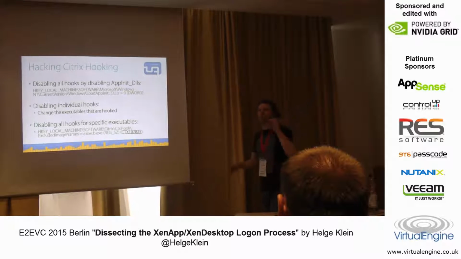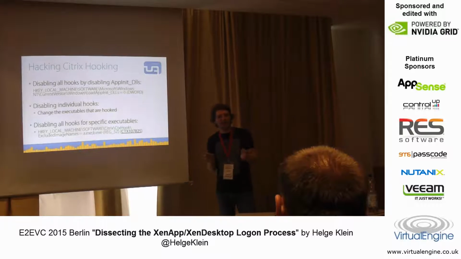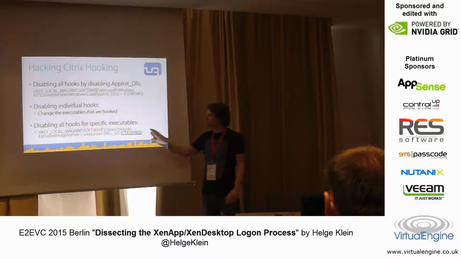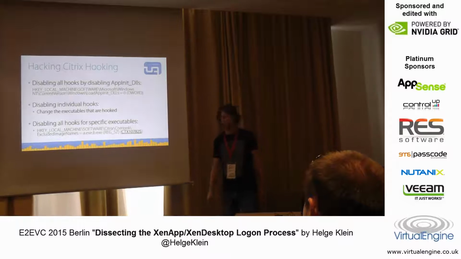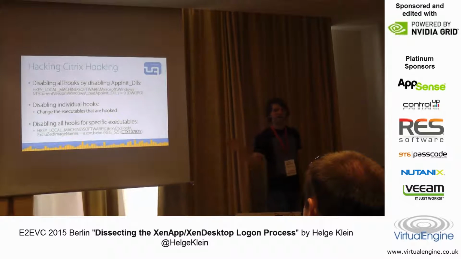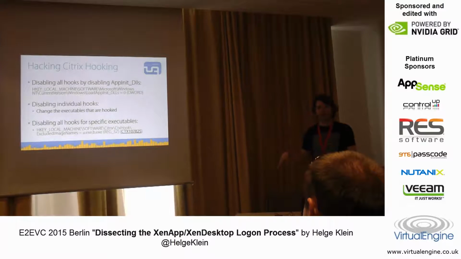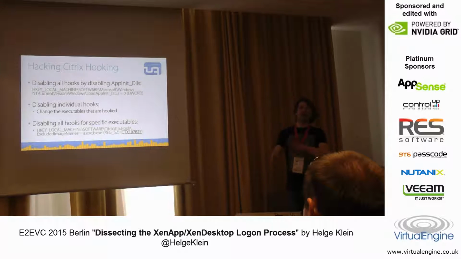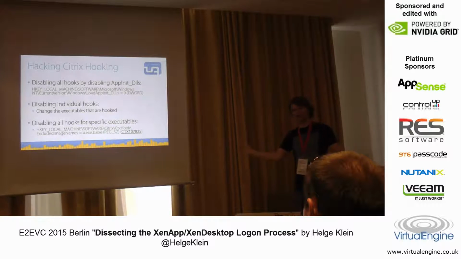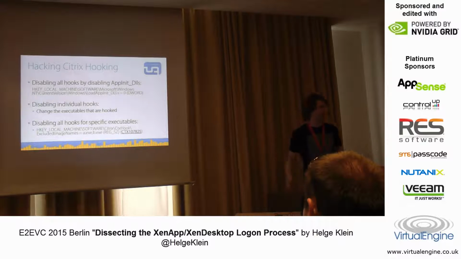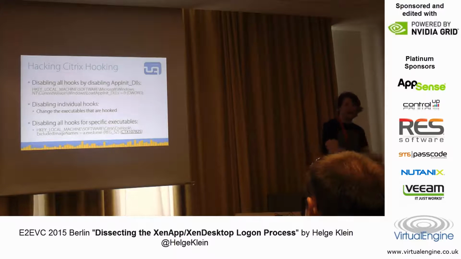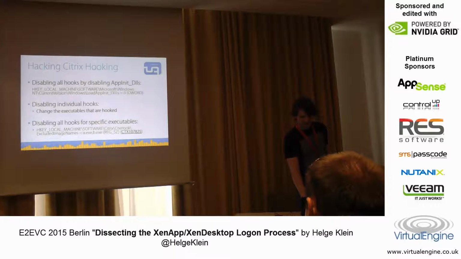Or, if you have a problem with a specific application, you can disable the hooks for that executable only, and that's described in this CTX107825 article. That might be a good idea to try. If an app is behaving strangely on Citrix, but not on a workstation, for example, then try to disable the hooks, see if it changes anything, and if yes, then you need to analyze that further.